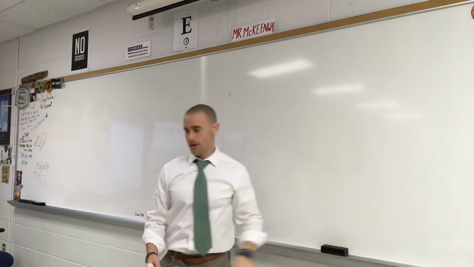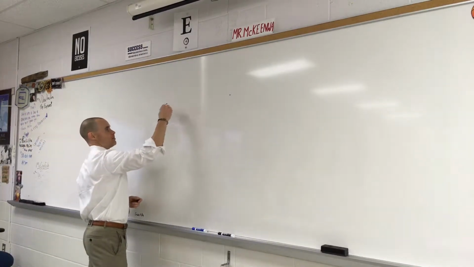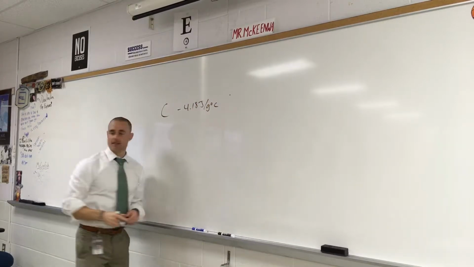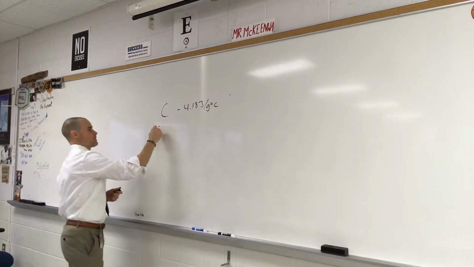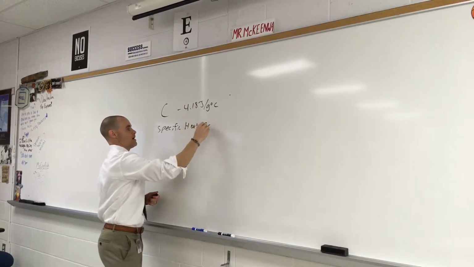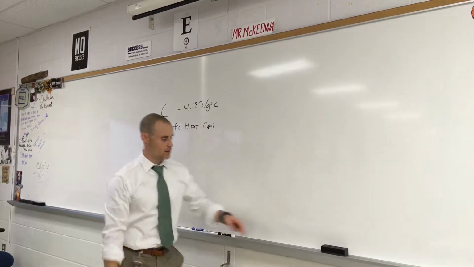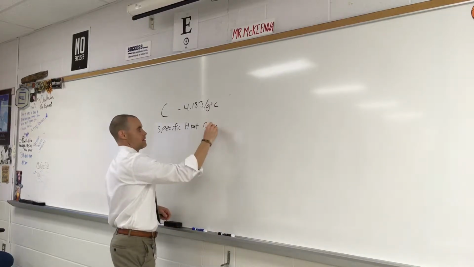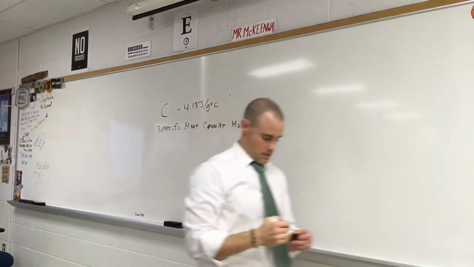Before we actually get into a calculation, I need to explain this number here. 4.18 joules per gram Celsius, that's C, the specific heat capacity of water. Write this down, please. Specific heat capacity of H2O, that's 4.18.